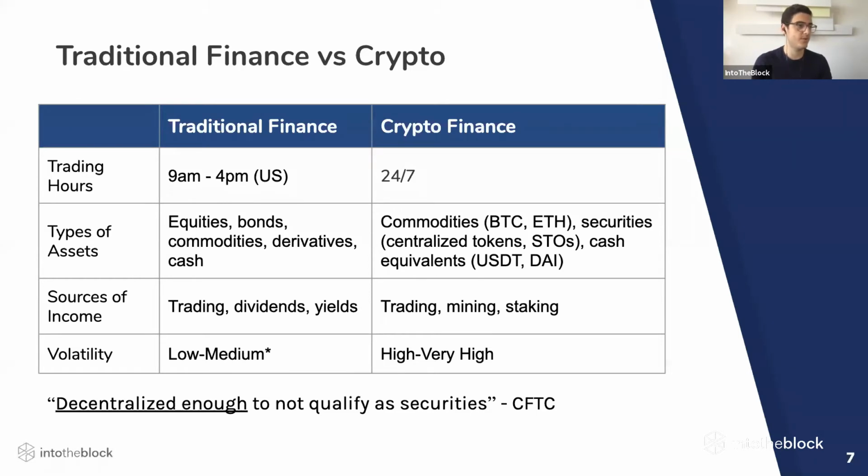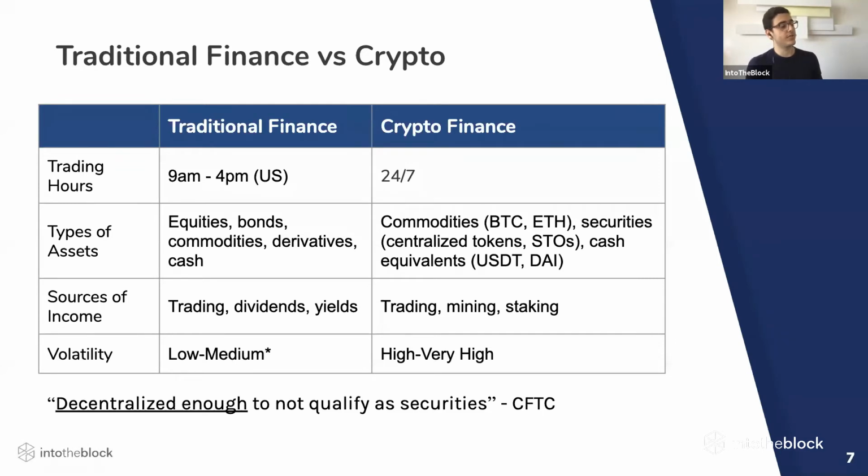So STOs, which have been the hype for a while. There's centralized tokens. So if a token is not validated from the efforts of a decentralized community, as in the case of Bitcoin and Ethereum, it's considered a security, at least in the regulatory framework currently available. And there's cash equivalents, of course, Tether and DAI being examples of them.